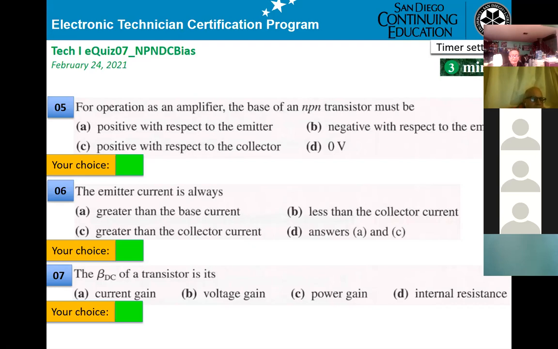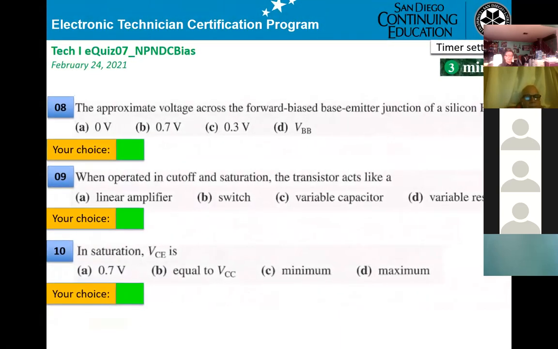Have you done this? Yes, done. Okay, I saw something wrong with number one, something wrong with the timer. I don't understand why they are still wrong with the timer.